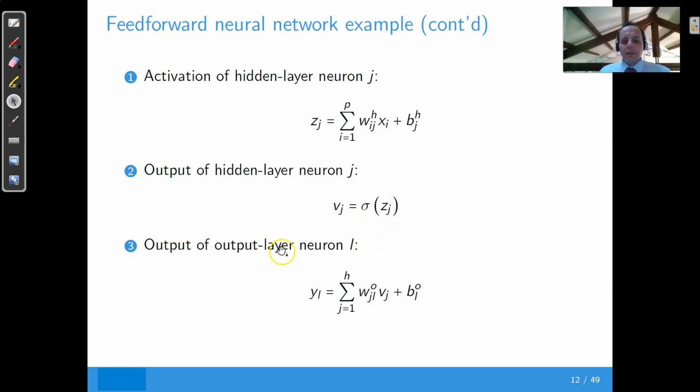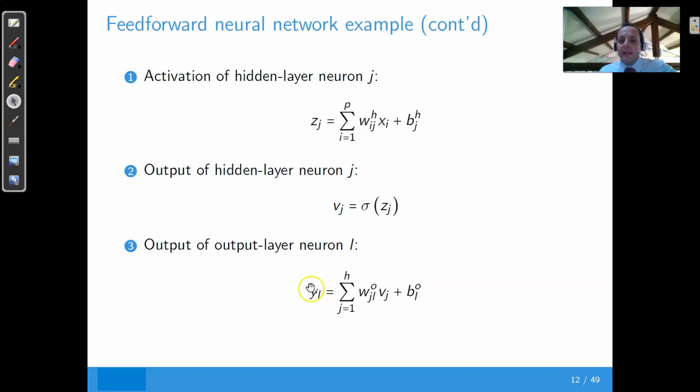We have the output in the same way. According to this structure, the output of the output layer neuron L has the same structure as this one, the only difference being that the activation function is linear.